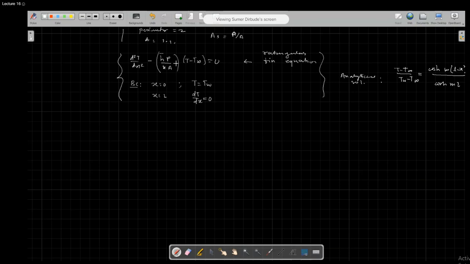M is defined by this: M square is equal to H P by K A. So M is equal to the root of H bar P by K A. Okay.